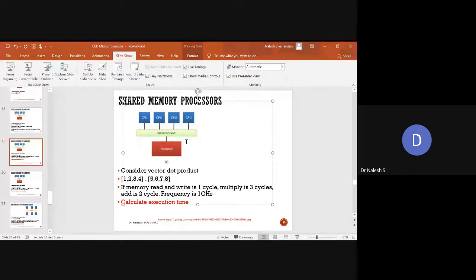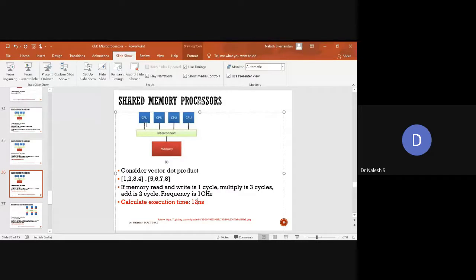So 6 plus 3 to read the 3 data, 9, 2 cycles for addition, 11, 1 cycle for writing back, 12. So it is 12 cycles. So I made a mistake. So 12 cycles are required to complete this operation.